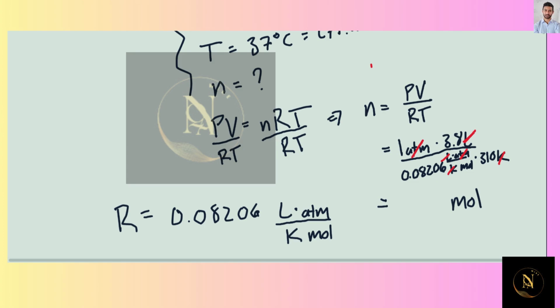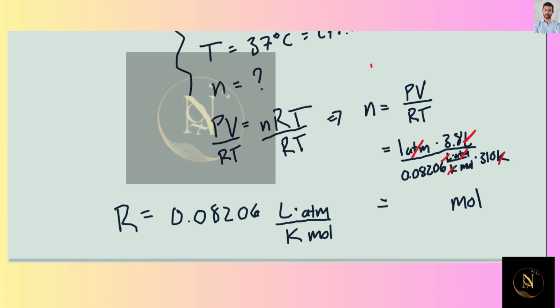So we've got 1 times 3.8 divided by, and there are two ways we can do this in a calculator. You can say 1 times 3.8 divided by 0.08206, and then divided by 310.